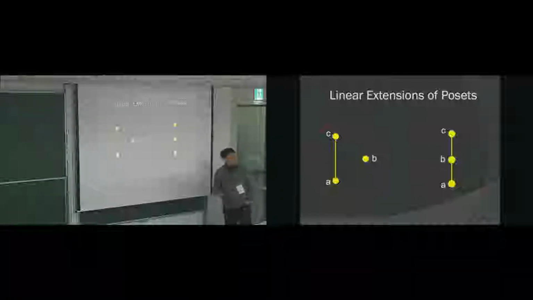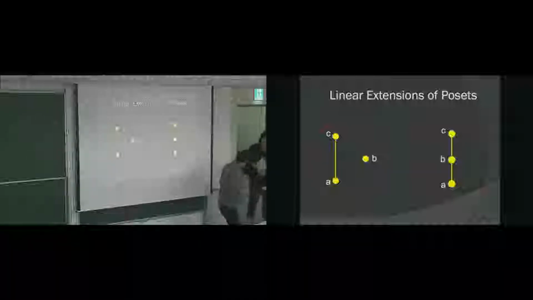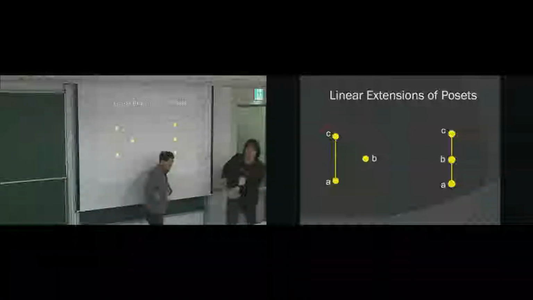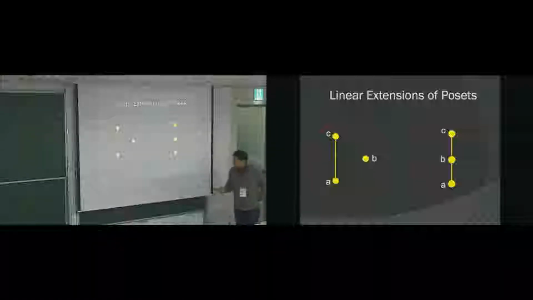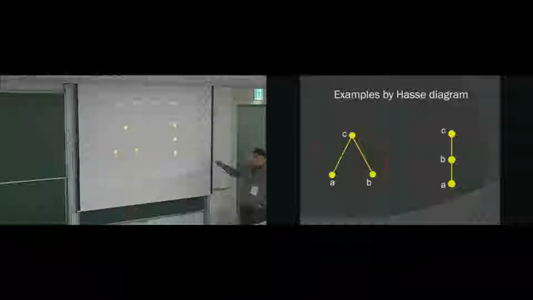We have three choices. For this other one, one linear extension can be this one, and the other can be B here and A here. Those are linear extensions.